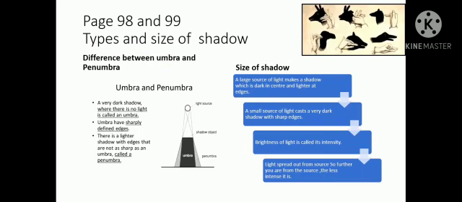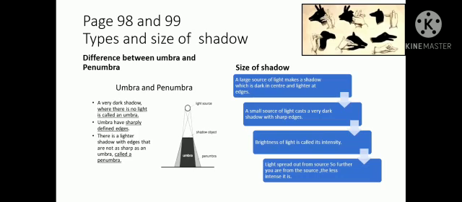Okay, now on page number 98 and 99, types and size of shadow are given. First of all, we will see the difference between umbra and penumbra. Okay students, you can see that when the light is blocked by any object, then the shadow of that object is formed.